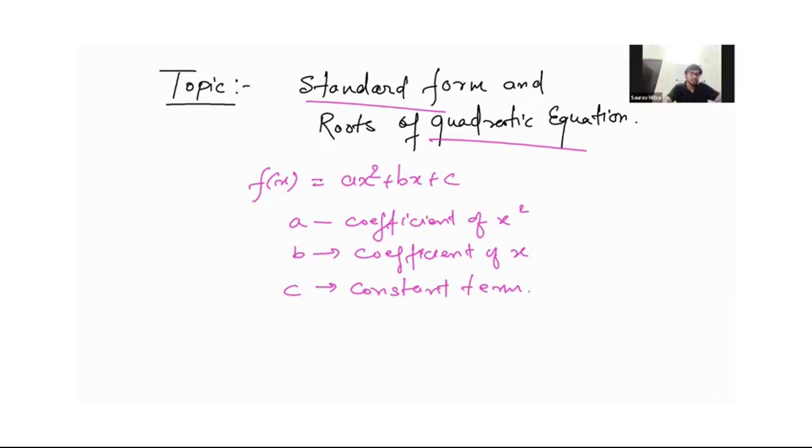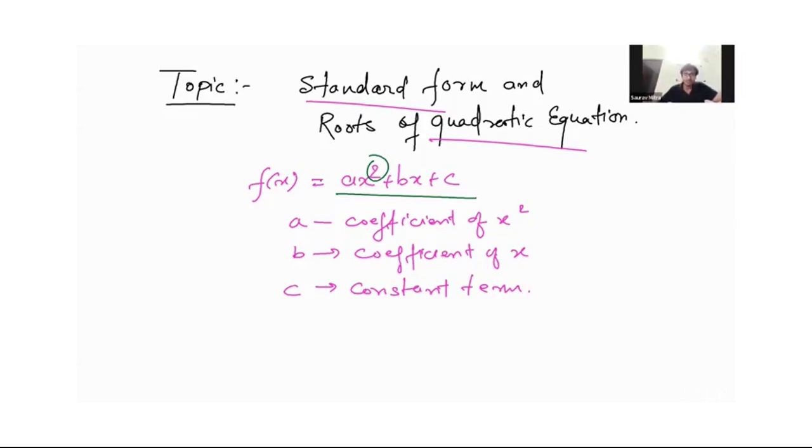Clear? So this is your quadratic equation with degree 2, and a, b, c are the coefficients of x², x, and the constant term. This is the representation of a quadratic equation.